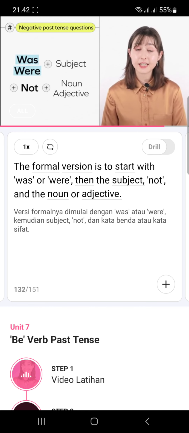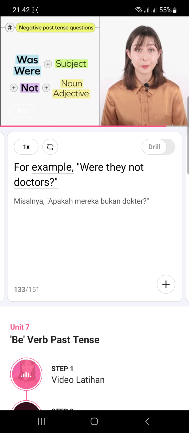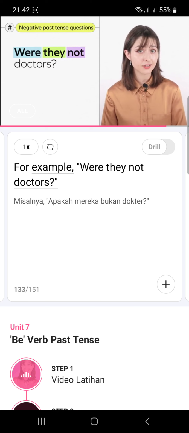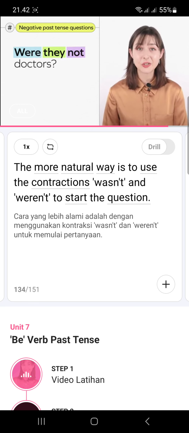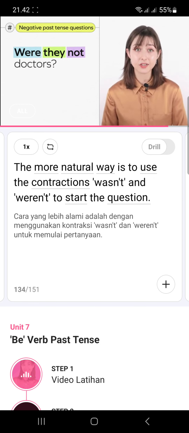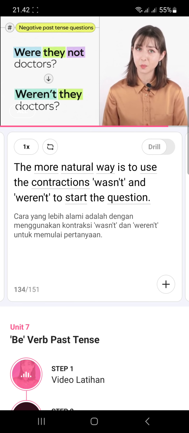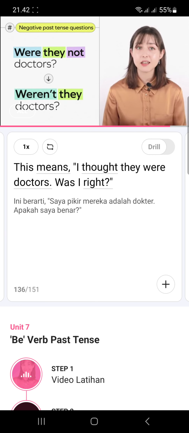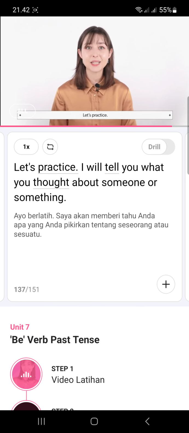The same thing happens with past tense negative questions. The formal version is to start with was or were, then the subject, not, and the noun or adjective. For example, were they not doctors? The more natural way is to use the contractions wasn't and weren't to start the question. Weren't they doctors? This means I thought they were doctors. Was I right? Let's practice.